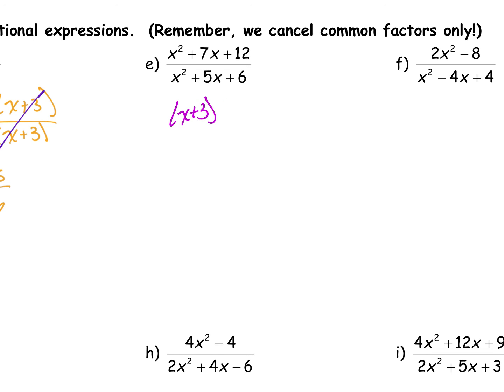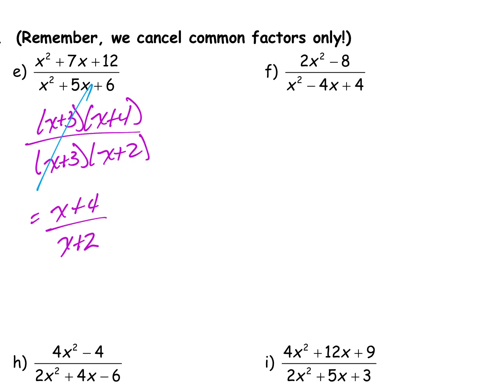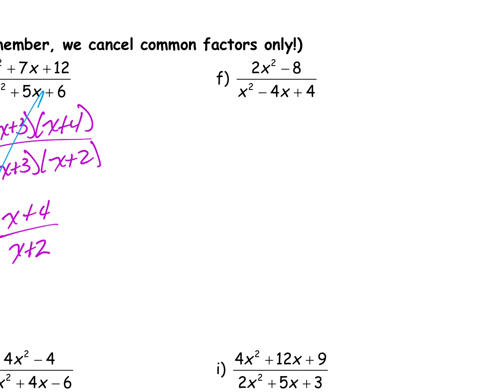X plus 3 times x plus 4 over x plus 3 times x plus 2. Equals that. And then the second one, I factored a 2 out of the top, and I got x squared minus 4.